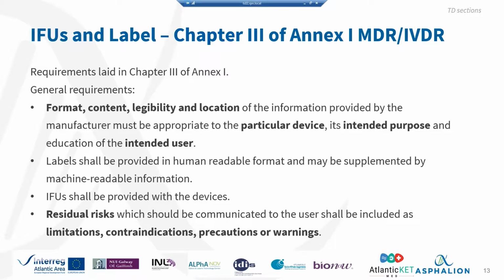This might seem basic, but it's something you cannot forget about. So besides that, the instructions for use shall be provided with the device. Obviously, they have to be provided with each of the devices to be sold. It's true that if the packaging includes several devices, you must only provide one set of instructions. But as a general rule, with each device, you should provide instructions for use.